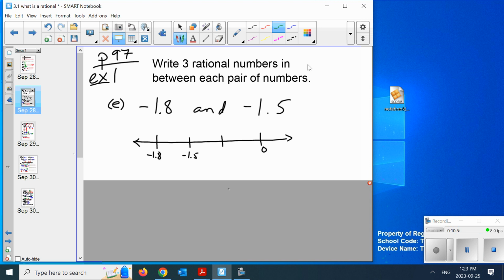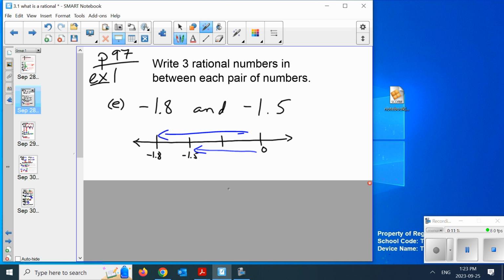But negative 1.8, negative 1.5. This number line isn't drawn to scale, but I just wanted to emphasize zero. The positives are on the right hand side. I want to emphasize that negative 1.5 is actually bigger than negative 1.8.